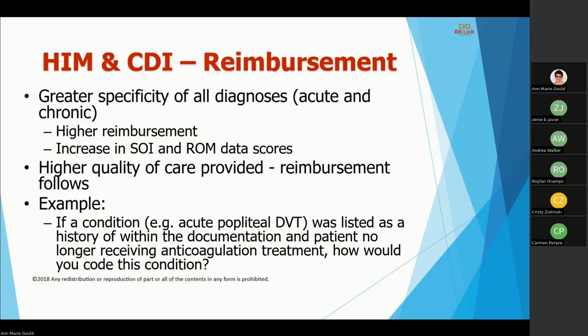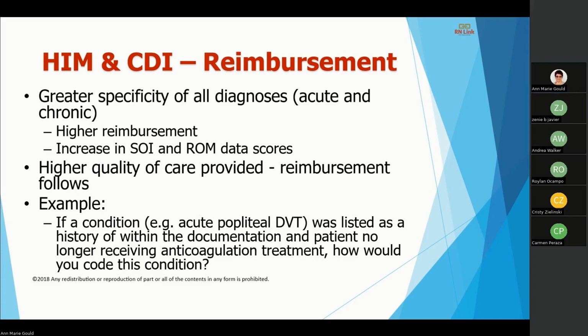And then you want greater specificity of all diagnoses, acute on chronic, your acuity, your severity, higher reimbursement, which also increases your SOI and ROM data points. The more specific diagnoses you have documented within that record, the higher quality of care that patient receives during the hospital stay, and the hospital will receive the reimbursement accordingly.